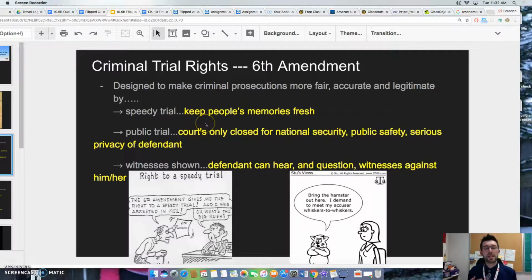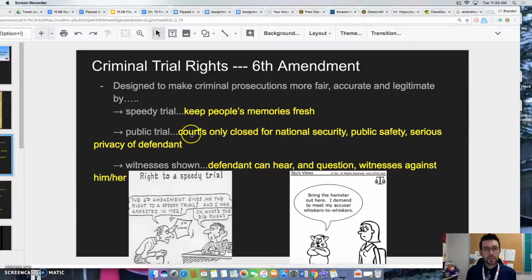And this is basically to keep memories fresh of people who are called on to testify in a criminal case. However, some court cases do take years to start, but it is the government's job to ensure that these cases do not take like 20 years and everyone forgets what they saw or what they heard.